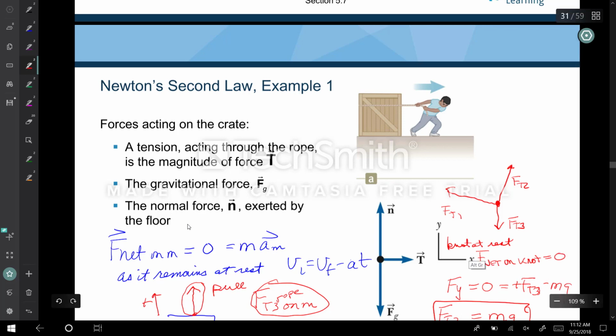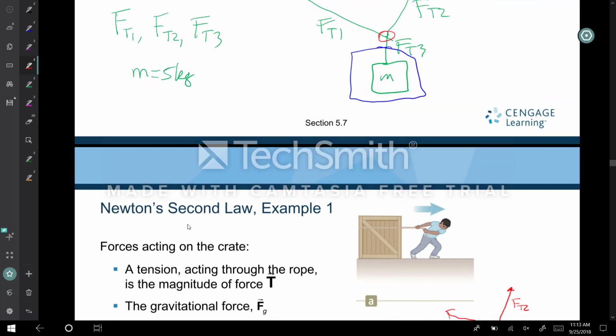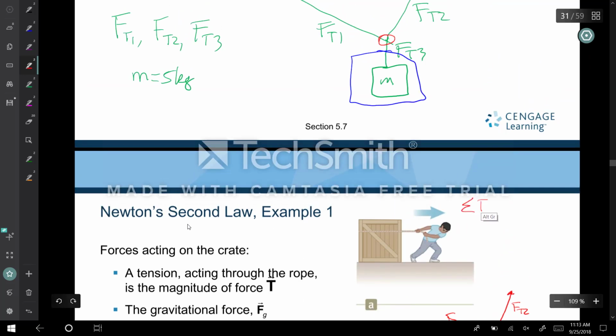But notice F net is a vector. Are all the forces horizontal or all the forces vertical? No. It's not accelerating up or down, and it's not accelerating left and right. But those are independent statements. So what we're going to have to solve is the sum of the forces in the x direction on the knot equals 0.